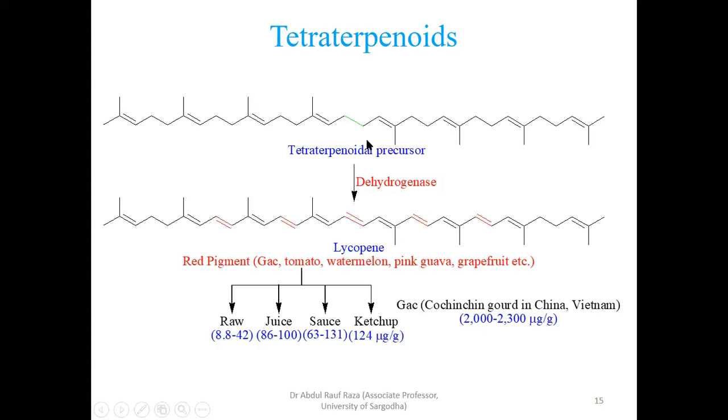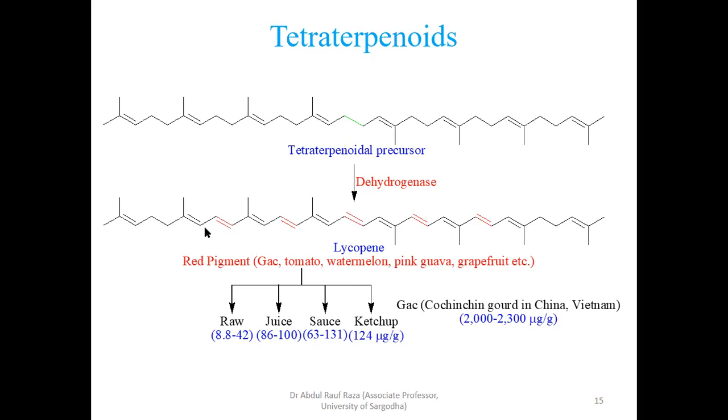In this molecule, it is a colorless solid material. It is not colored. But when dehydrogenase works on this, it has 11 double bonds now in conjugation. So it is red in color. It transmits yellow and red radiation. So what radiation does it absorb? It absorbs in the green region.